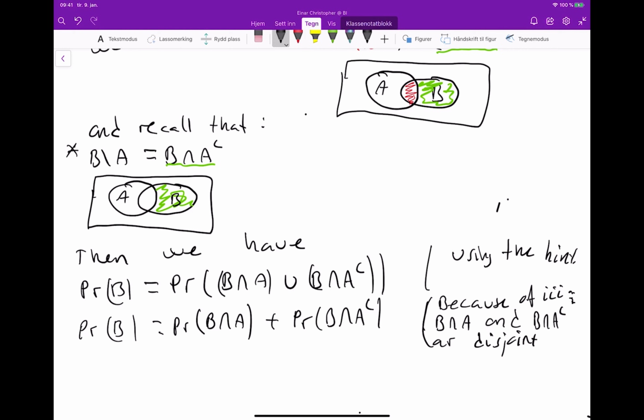Why is B and A complement disjoint? Let's look at it. If you see, remember, B and A is the red. If you see here. And B and A complement is green, but it's no overlap here. So these two events are disjoint.